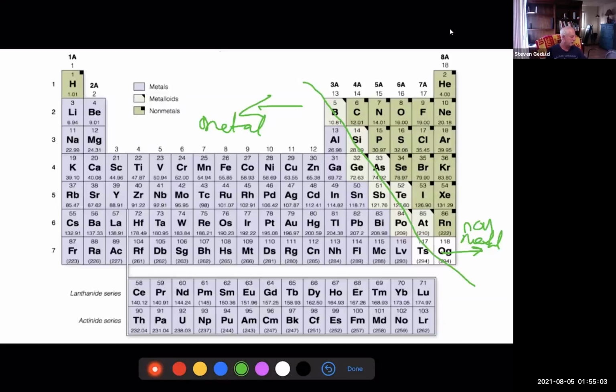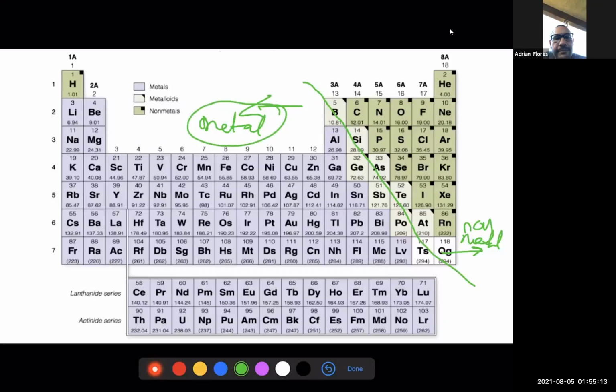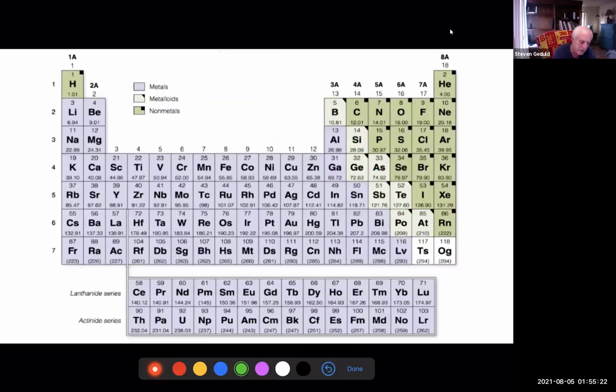Let's go with a couple of examples of how to name these things. When we name it, metals always come first in a name. So if we have sodium and chlorine, they come together.